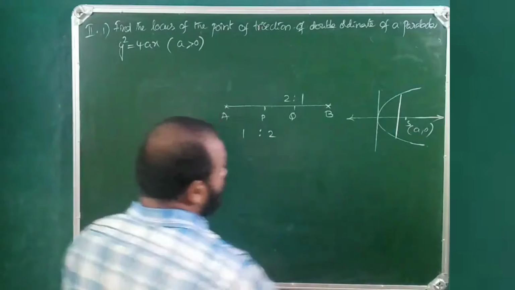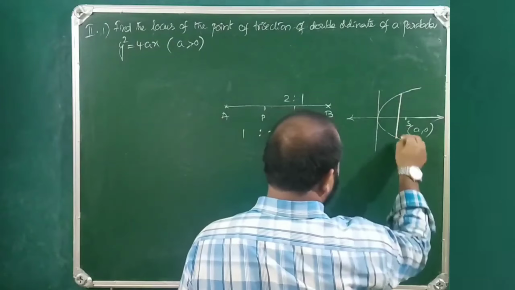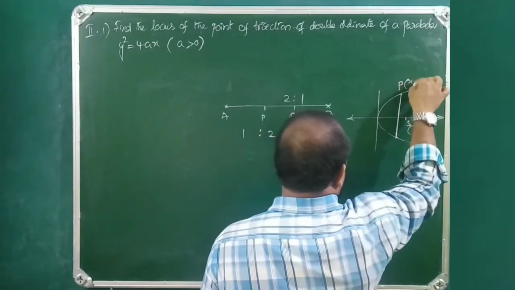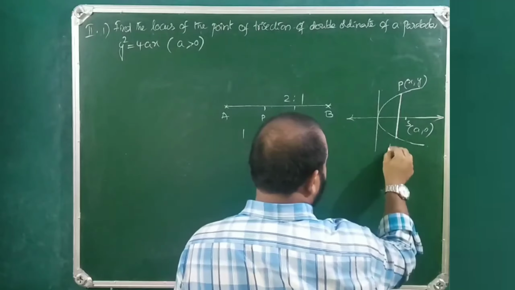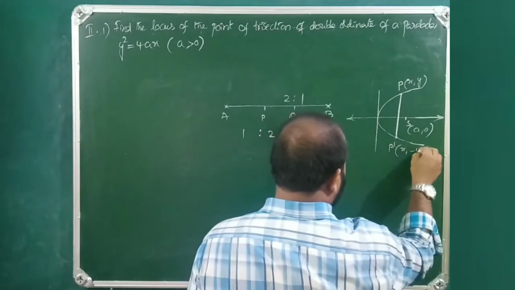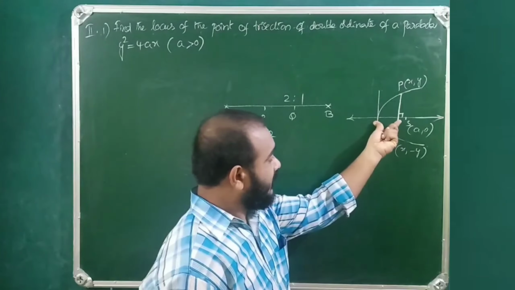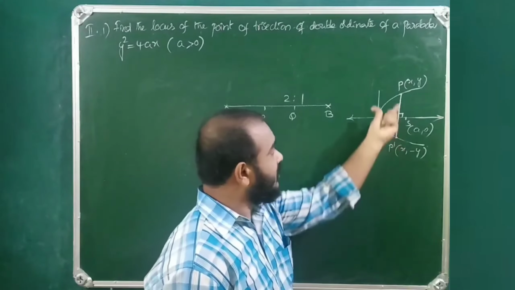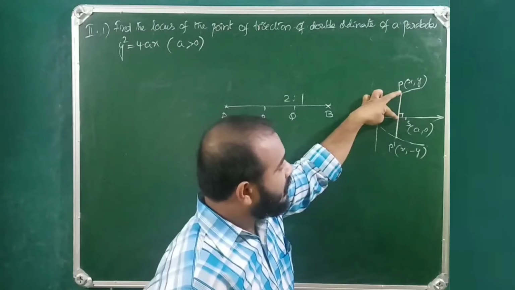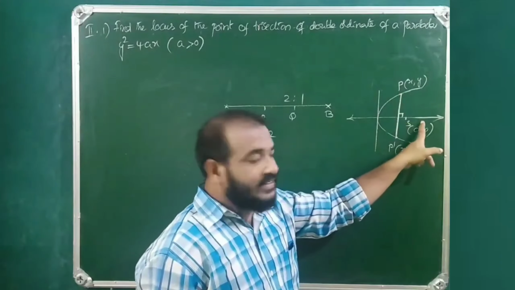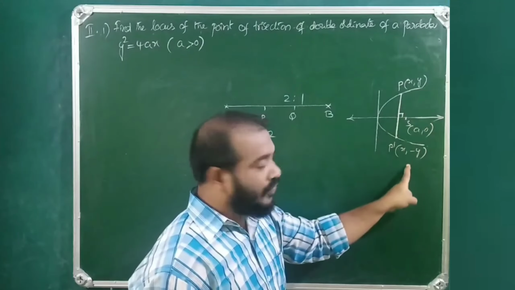Now, this is (a, 0). Let P be (x, y). Then this P dash is (x, minus y), because this is a perpendicular. So if it is x, this is also x and this is also x. But this parabola is symmetric about the x-axis. This is the first quadrant and this is the fourth quadrant.